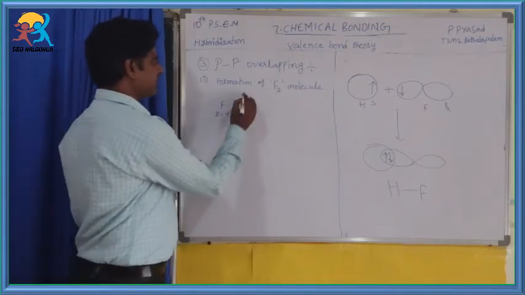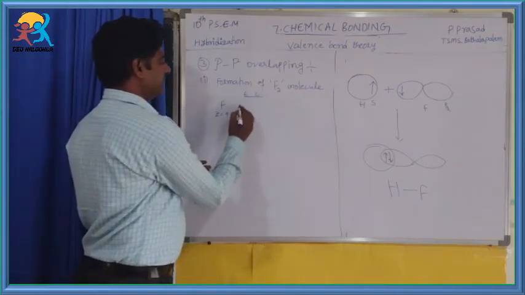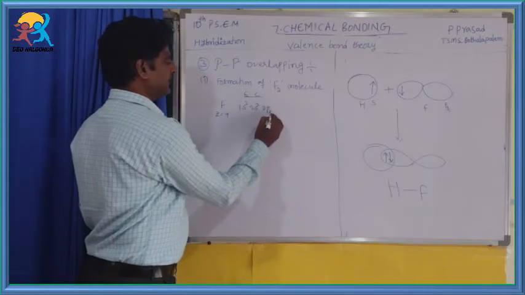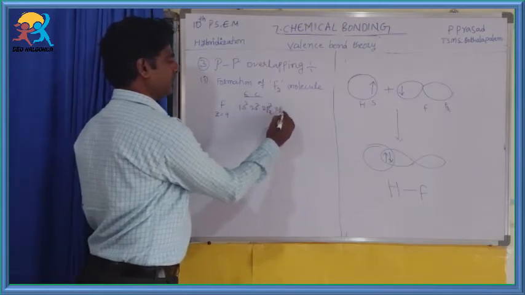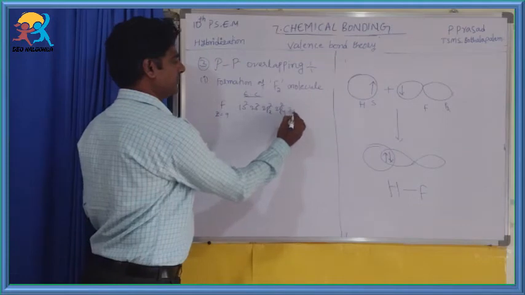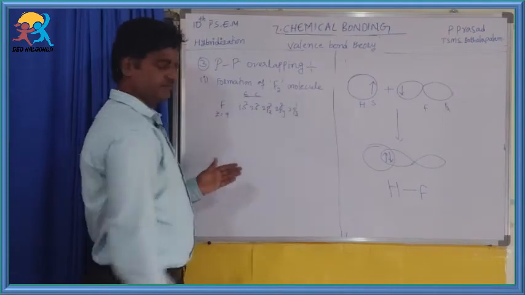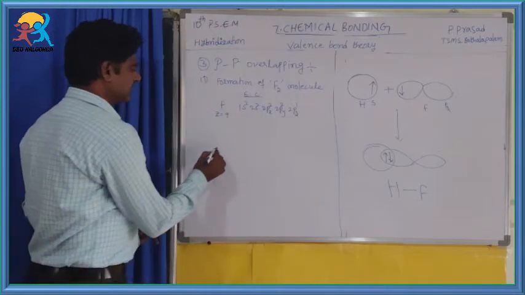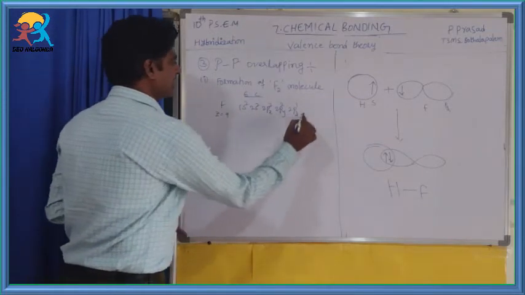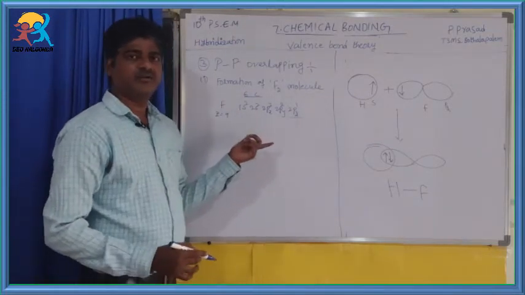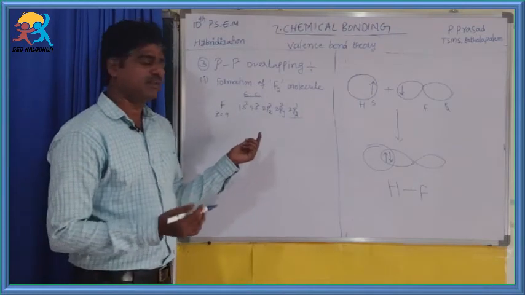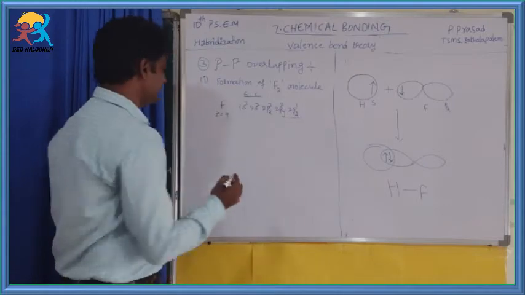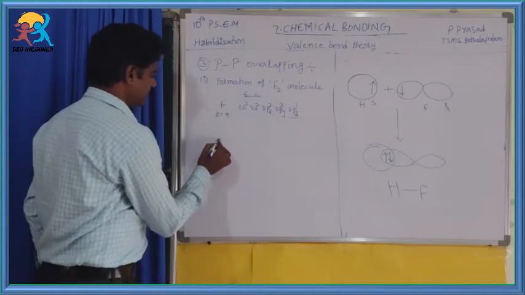Its electronic configuration is 1s2, 2s2, 2px2, 2py2, 2pz1. So when two fluorine atoms come closer, in the 2pz orbital there is one unpaired electron. These unpaired electron orbitals of the two fluorine atoms overlap each other.